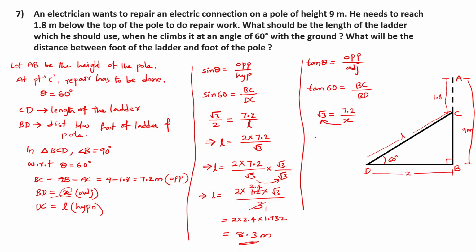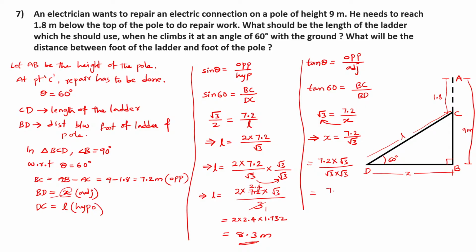Transpose this side. So we get X is equal to 7.2 by root 3. Again, rationalizing the denominator, we get 7.2 into root 3 by root 3 into root 3.